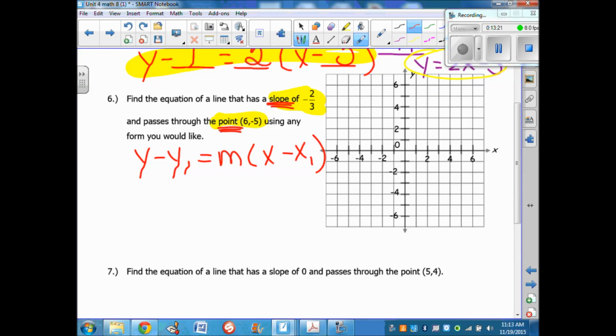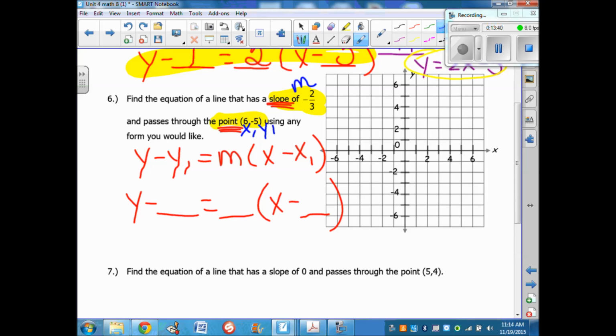So I need to fill in my blanks. y minus something equals our slope, x minus x1. So we have up here our slope. Here's our x1 and there's our y1.